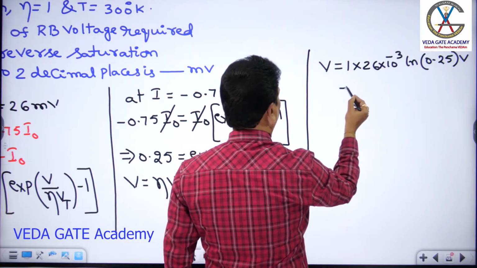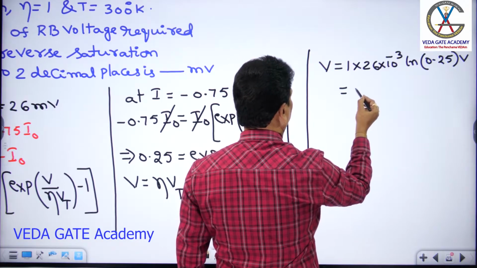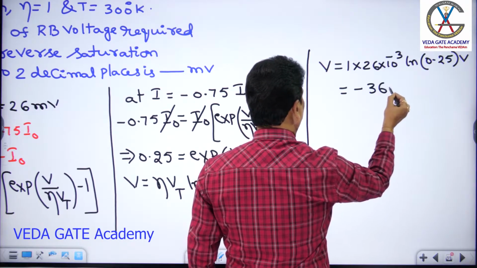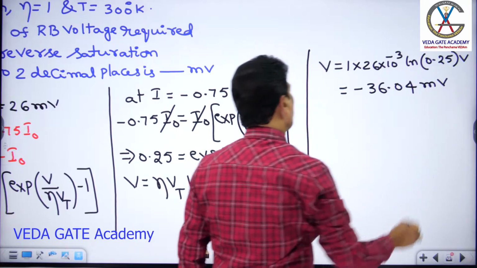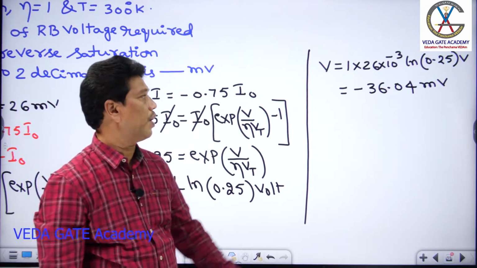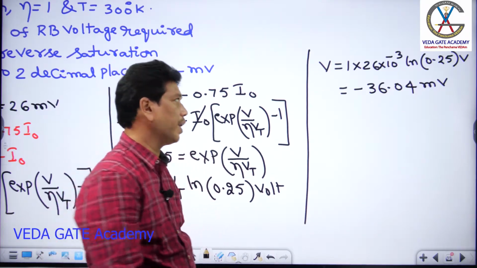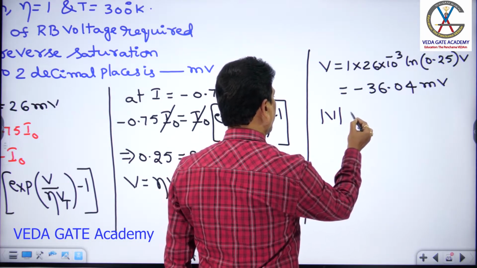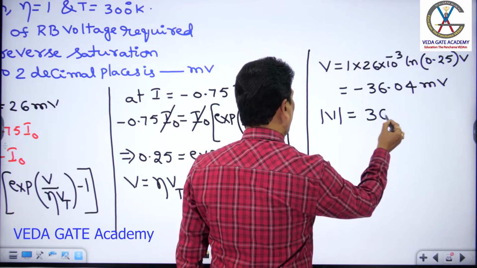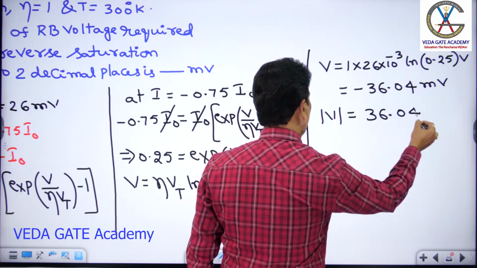If I simplify this, we get minus 36.04 millivolt. But he is asking for the magnitude, so modulus of V equals 36.04 millivolt.